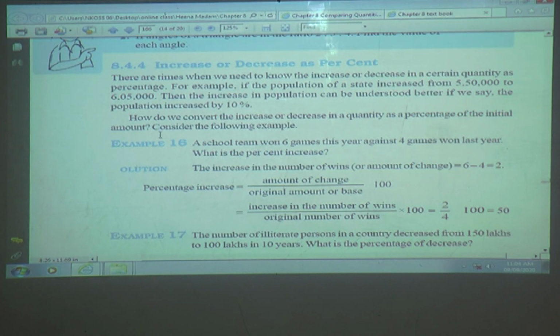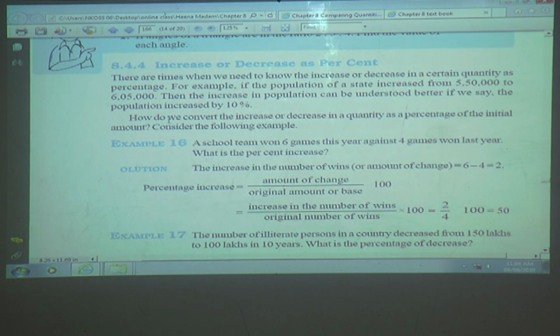That will be easier to understand. So here an example is given regarding the population: it was first 5,50,000, and it increased to 6,05,000. So it is an increase of 10%.